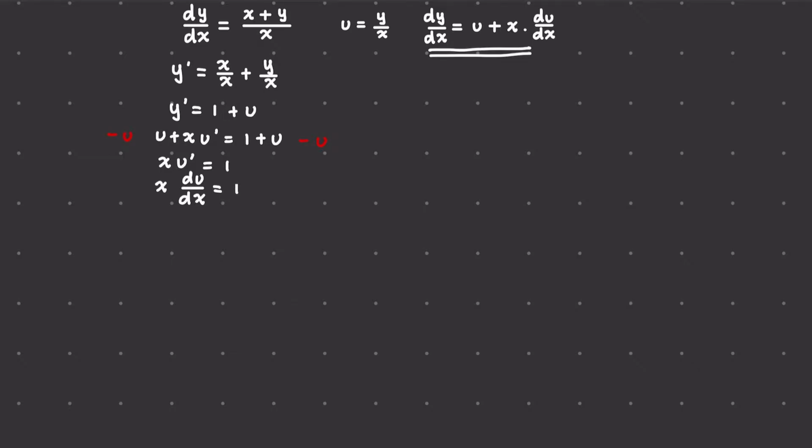And from here, you all know that we will use the separable method again, where we're going to separate the u's with the du, and the x's with the dx, and we're going to integrate the x with respect to dx, and the u's with the du.